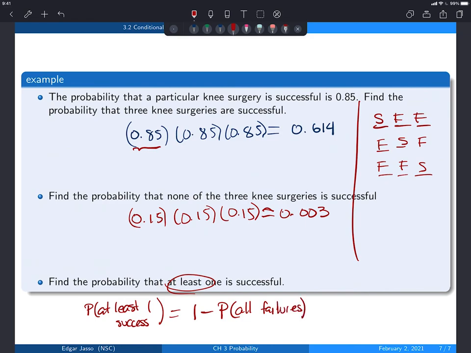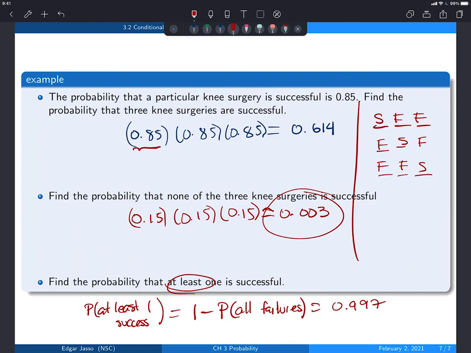Right? If it didn't happen that there were all failures, it means that at least one was a good one. So this is a lot easier than finding all possible ways that I could have had 1 or 2 or 3 successes. So I'm just saying it's a complement of this. And if you do that, of course you get 0.997.